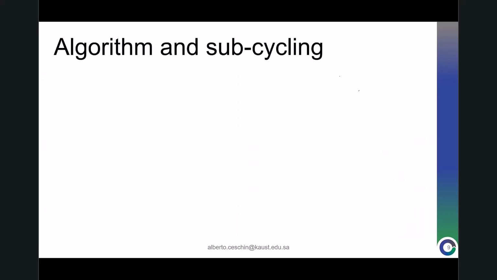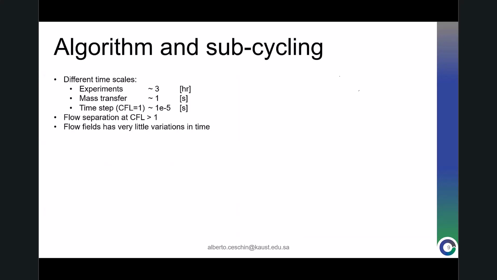Of course, I started ambitiously with a conjugate heat transfer solver, multi-region, but my simulation was taking probably three months. And the problem is that the experiments are also like 3 hours long, and if you have a flow over a surface, my time step was in the order of 10 microseconds.